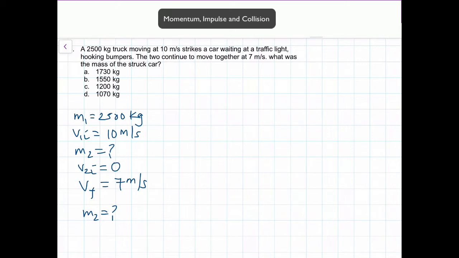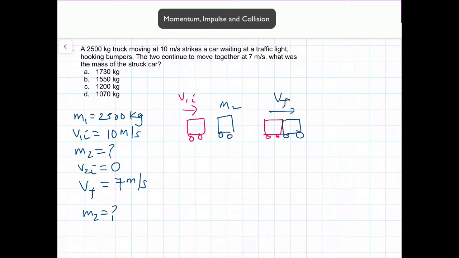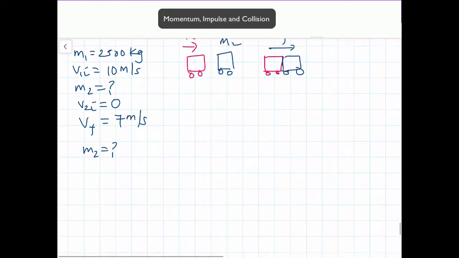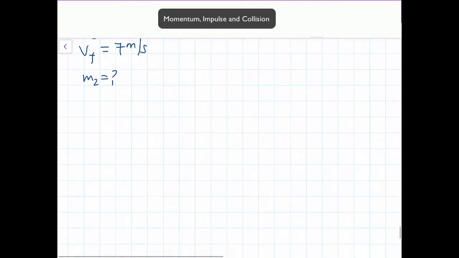If you remember, you have car 1, or this is mass 2, which was waiting, and mass 1 was coming with a certain initial velocity. After they collided, they coupled, and they're moving together with a common final velocity. So what kind of collision is this? This is a perfectly inelastic collision.